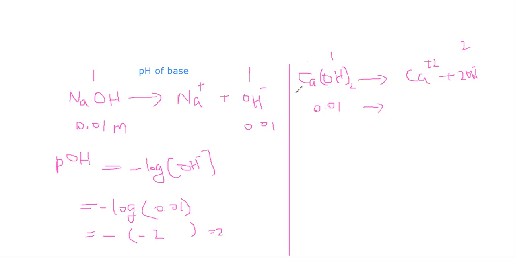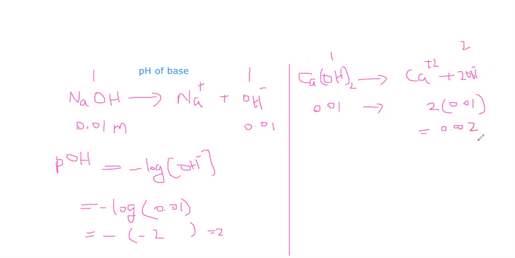That means each mole of calcium hydroxide is going to produce 2 moles of hydroxyl ions. So the concentration of hydroxyl ions would be double the concentration of the calcium hydroxide. So this would be 0.01 times 2, and the answer would be 0.02.